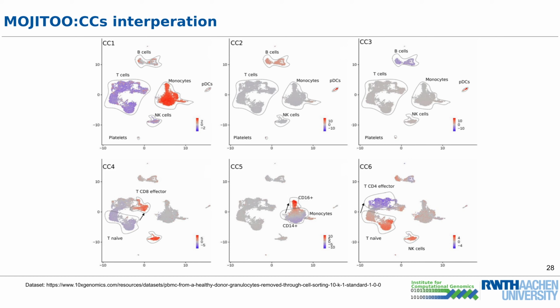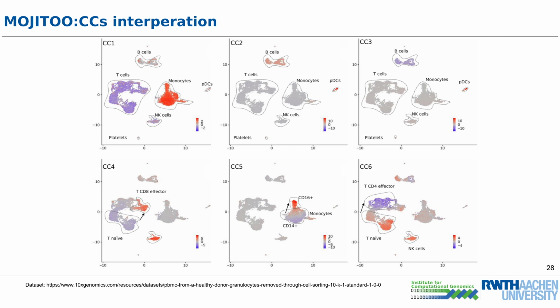Here, we explore each CC in the PBMC multimodal dataset. The MOJITOO components can represent the topics of cell types from both positive and negative sides. Here, high values of CC1 are associated with myeloid cells, while negative values are associated with T cells and NK cells.